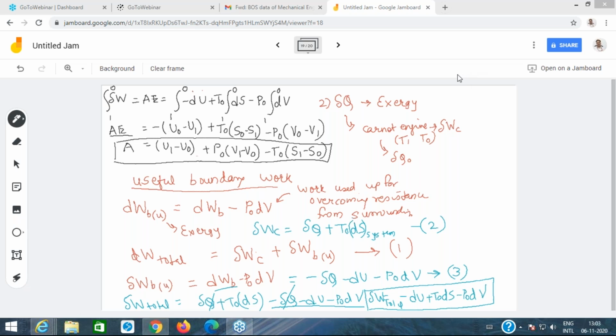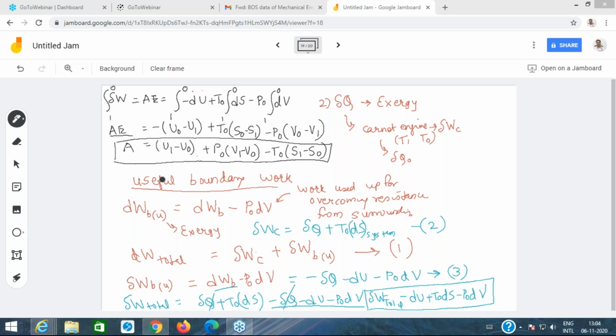I hope it is clear conceptually also. What exactly we have done, Kunal? Whether conceptually it is clear to you all, this derivation?